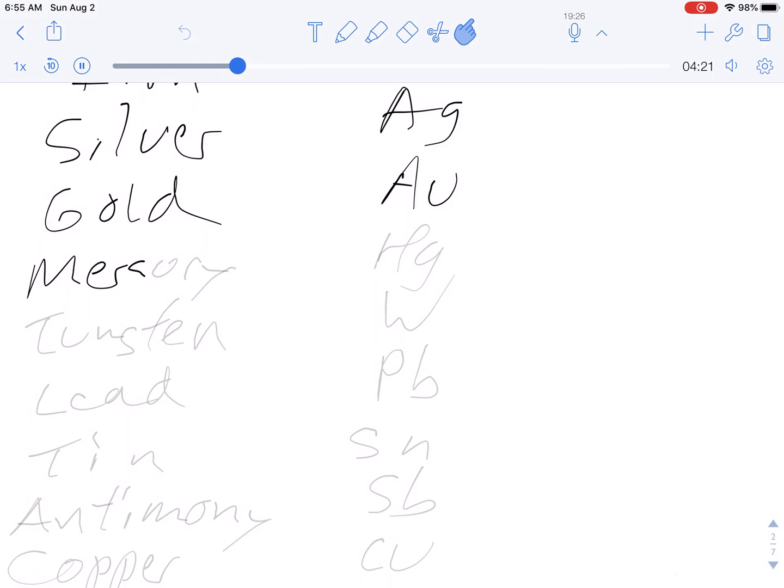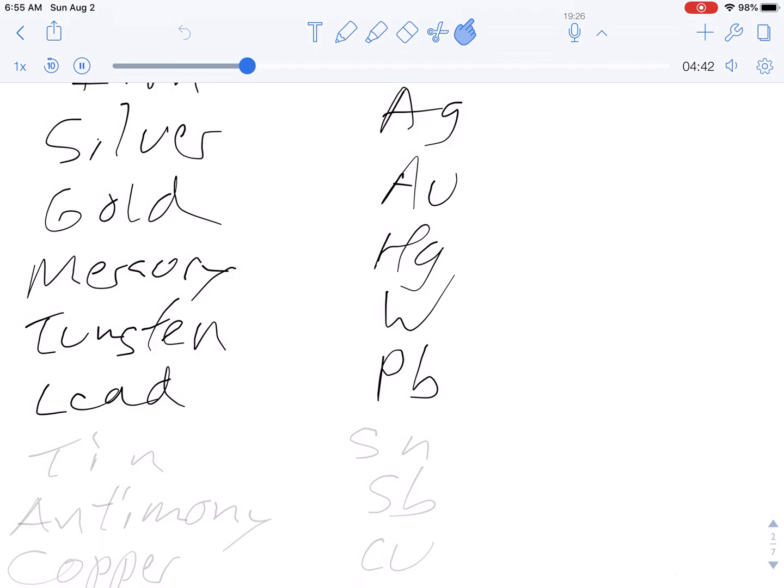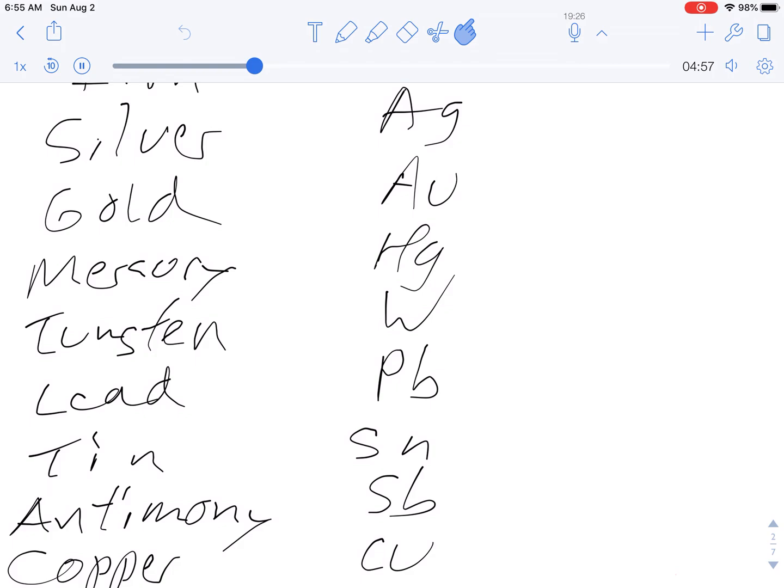Mercury, Hg. Tungsten, W. Lead, Pb. Tin, Sn. Antimony, Sb. Oh, almost forgot copper, which is Cu.